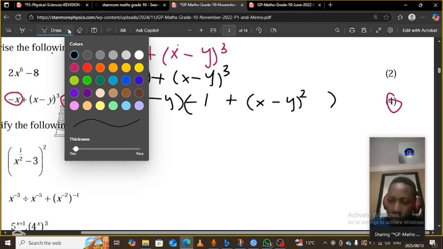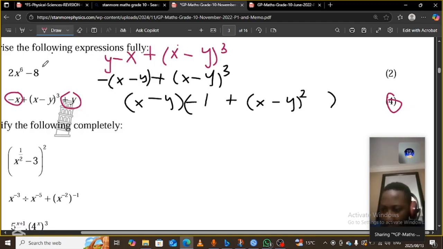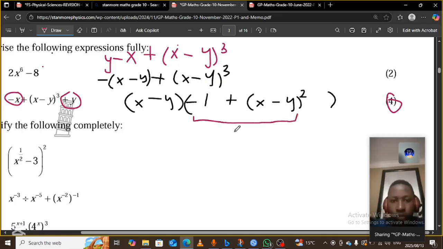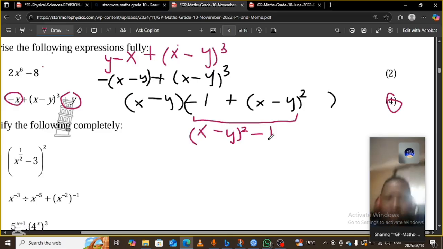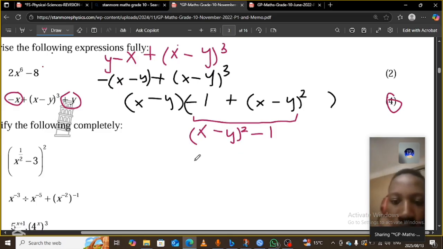And then we are also not done here. For this one here, we can rearrange it. We can write x minus y all squared minus 1. Remember, it's minus 1, and so this is also a difference of 2 squares. Why? Because, okay, I understand. Difference of 2 squares.